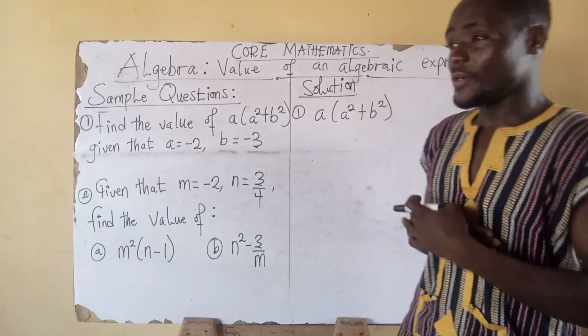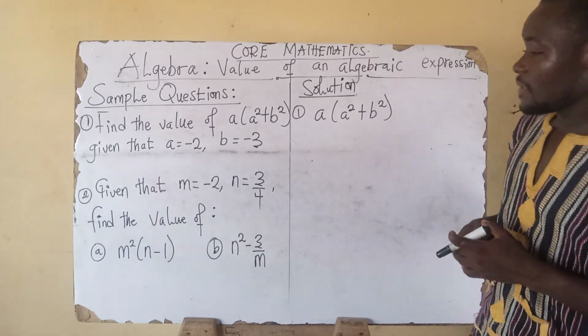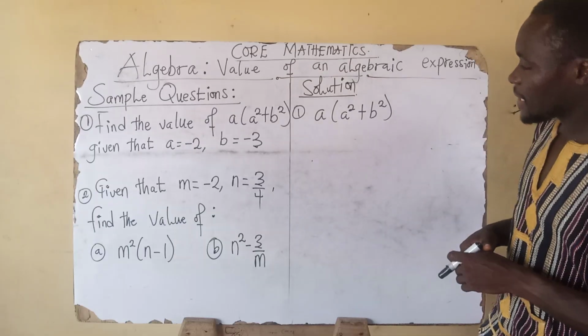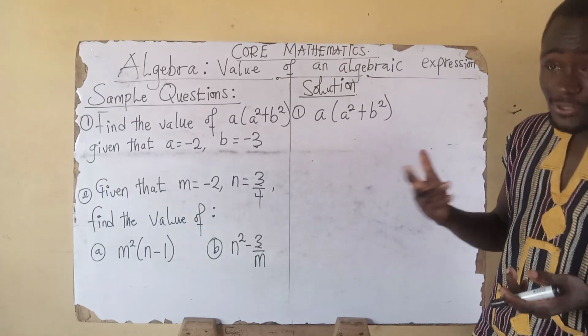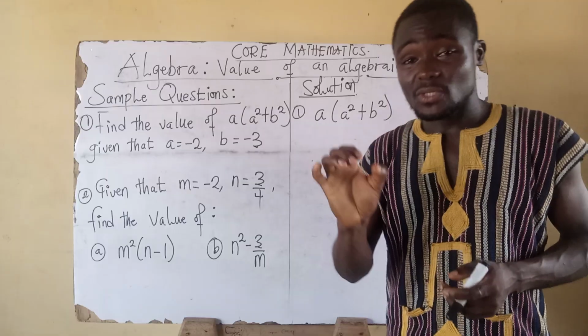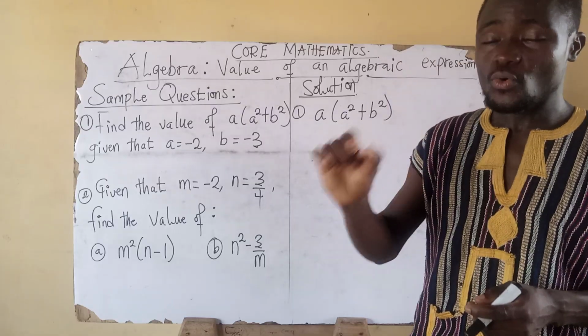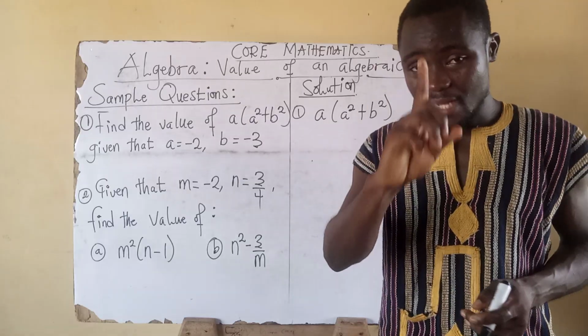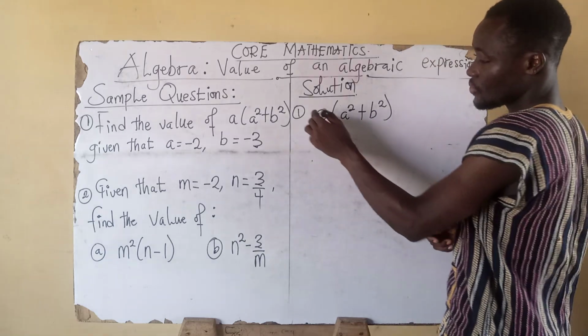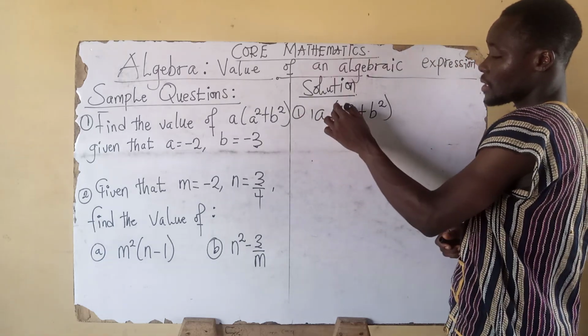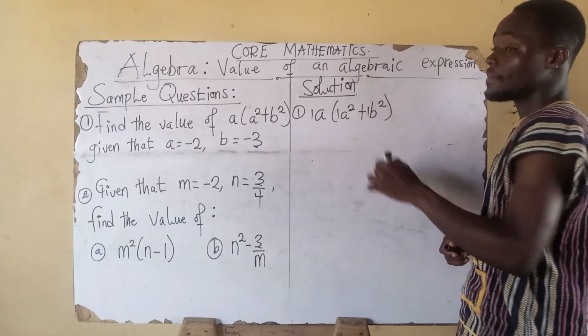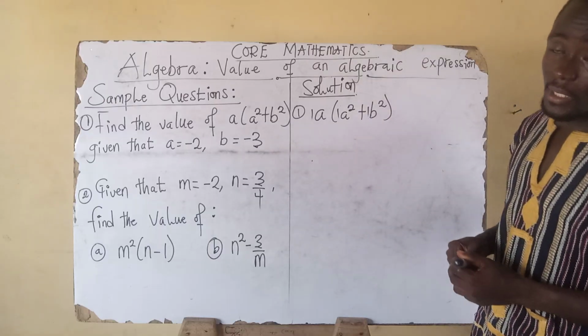All right, very good. Now, for us to start, have it in mind that mathematically, anytime a variable stands on its own, there is a coefficient, which is the unit number 1. So here I can introduce a unit number 1 in each place.